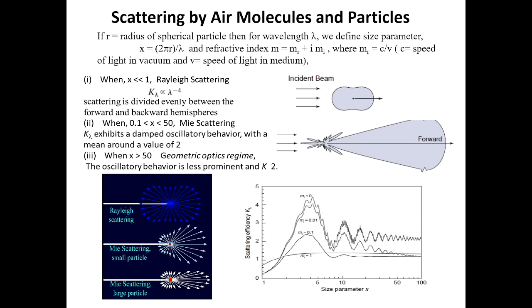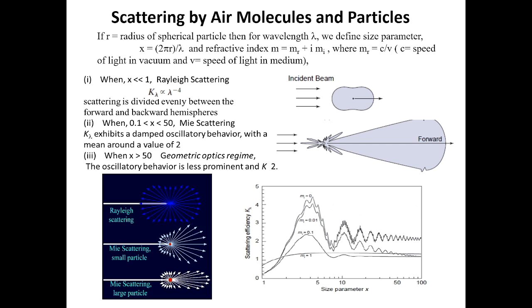But these are for particles which are very small in size, particularly the gaseous particles which cause Rayleigh scattering, because gas molecules are also particles, and they scatter the radiation.